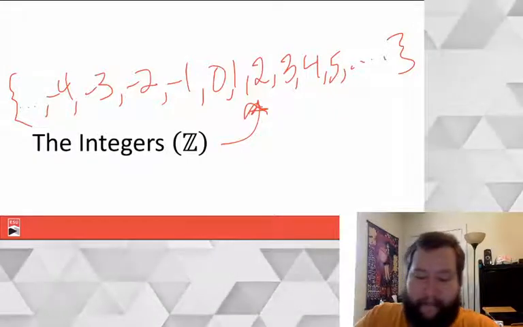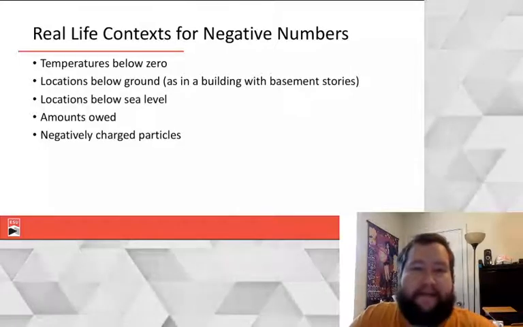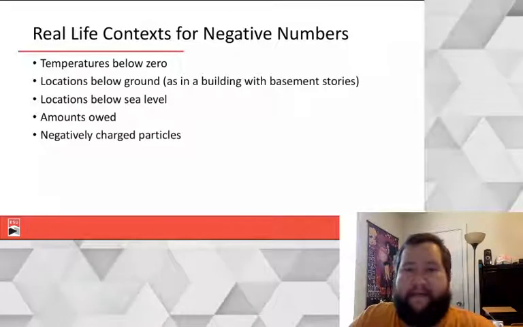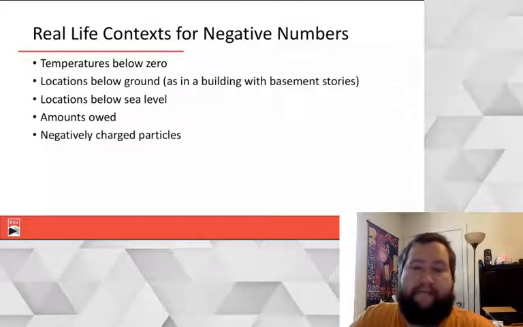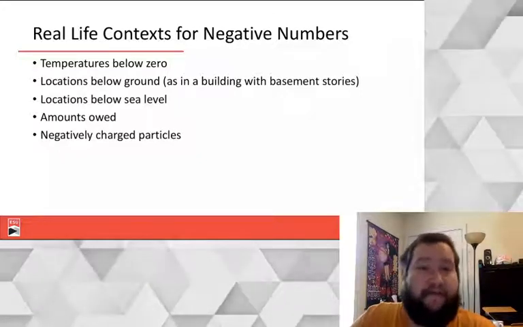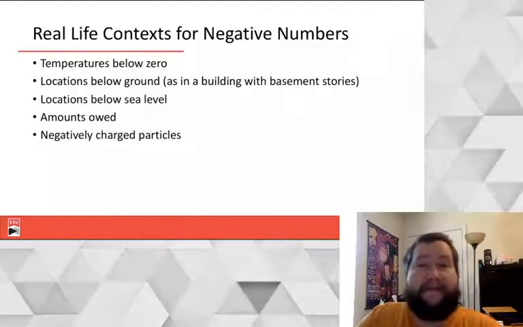And so we care about negative numbers because there are a lot of real life contexts in which they're important. Temperatures below 0, right? So in Celsius, below freezing is negative. Once we hit 33 degrees below freezing, we get -1 in Fahrenheit. Buildings with basement stories, right?